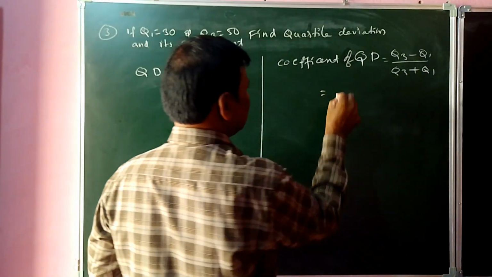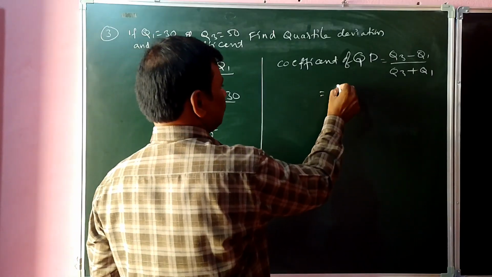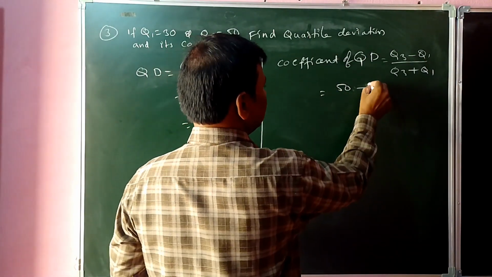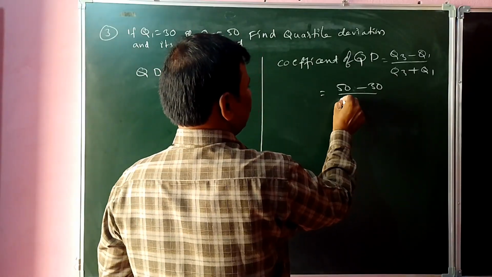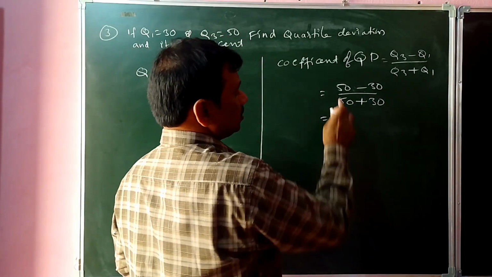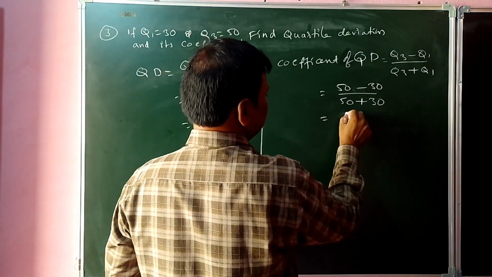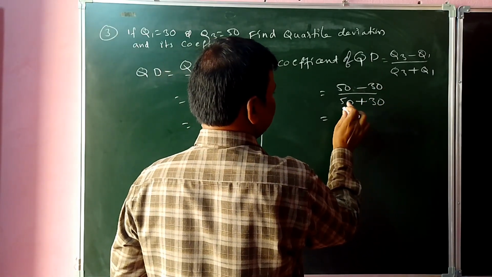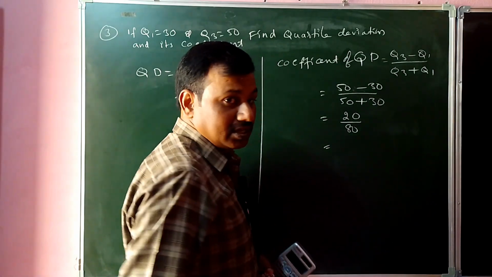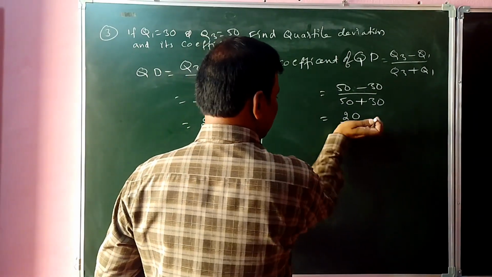That is the formula. So Q3 is 50 minus Q1, 30, divided by 50 plus 30. 50 minus 30 is 20, divided by 50 plus 30, which is 80. So 20 by 80, the answer is 0.25.